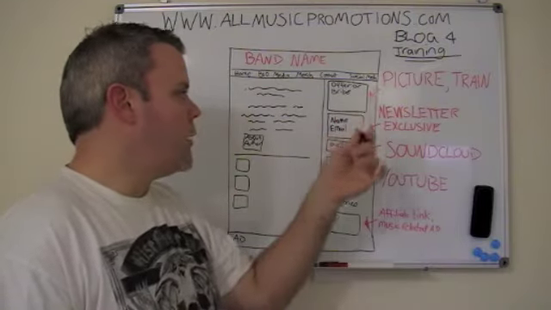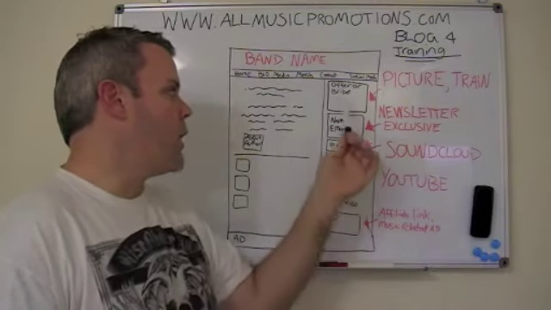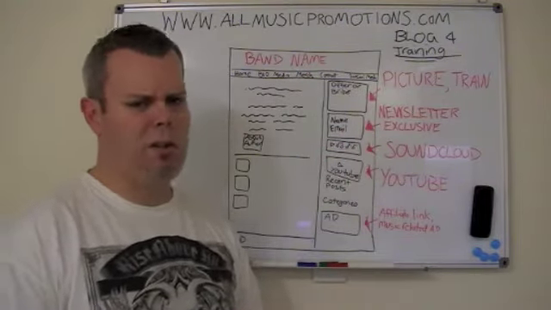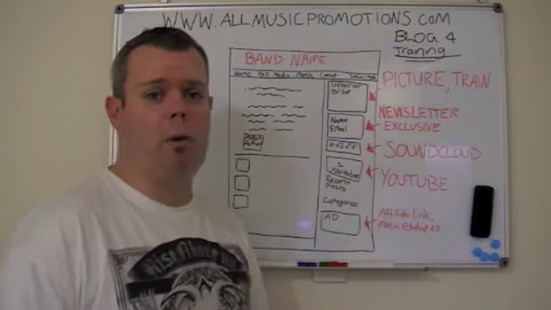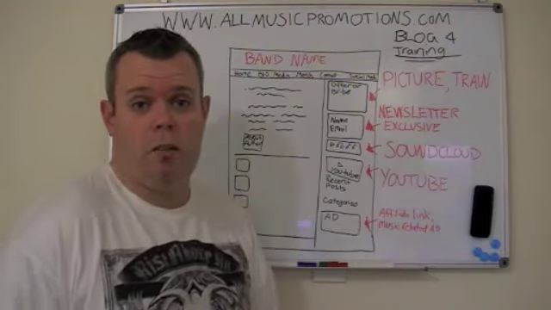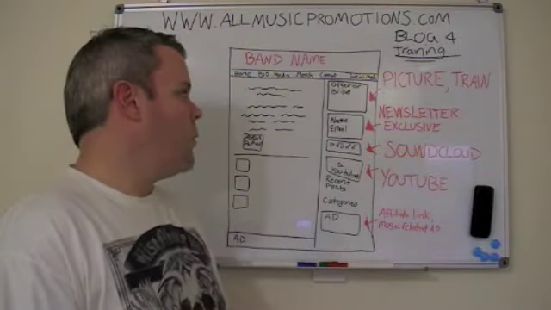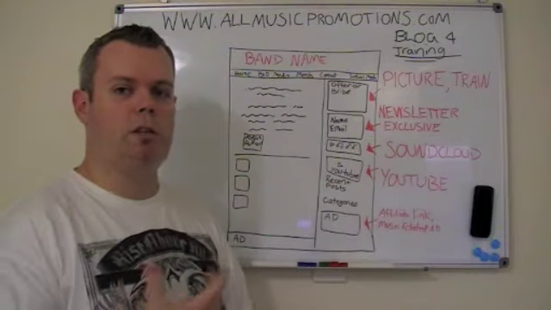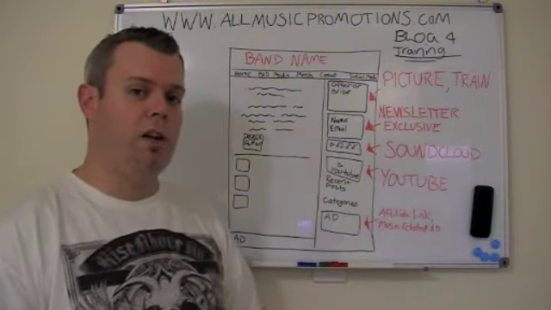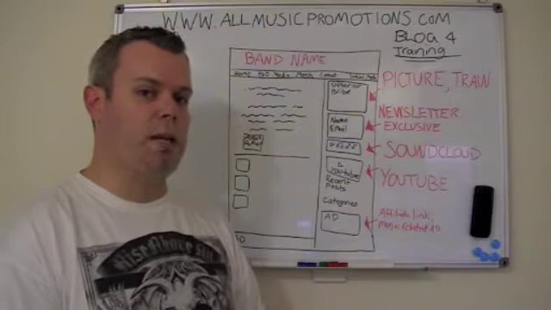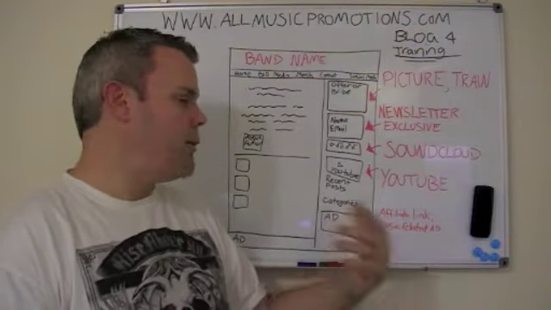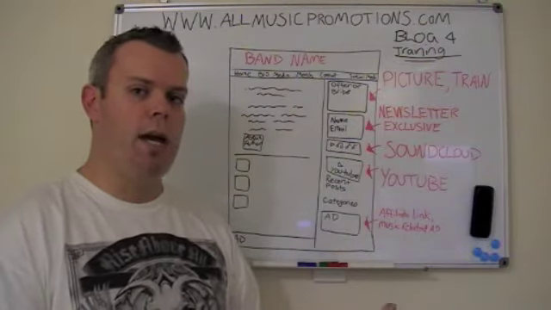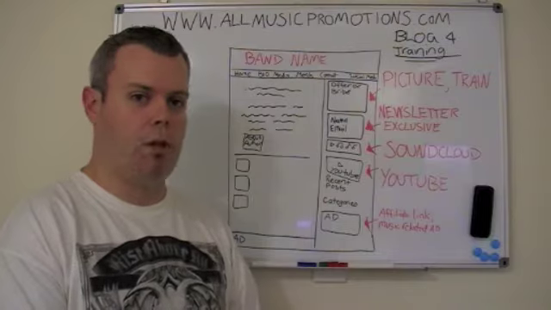So primarily the first thing that you should have would be what they call in the marketing world an offer or a bribe. Okay, and you're probably thinking, well, why do I have that, or how does that relate to me as an undiscovered or unsigned artist? Well, if someone's new and they're coming to find you for the first time, and you can entice them with something that not every band is doing, something different to make you stand out from the crowd, people are going to be more inclined to click on it, at least to have a look, and hopefully what you're offering will be enough to capture their details.